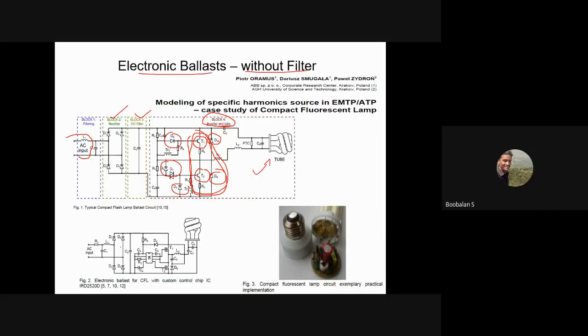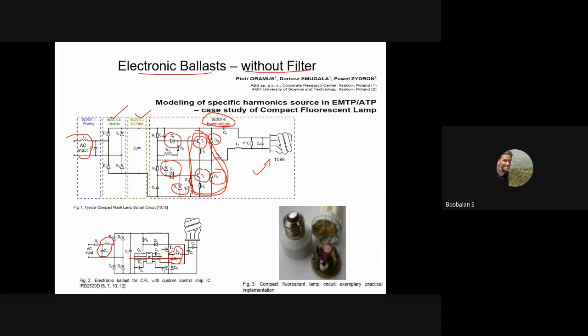Here you could see one more with filter, here without filter, here with filter: LC, L2 and C6, that's called my filter, and L1, C1 is my input filter. Here also is the output filter, right?